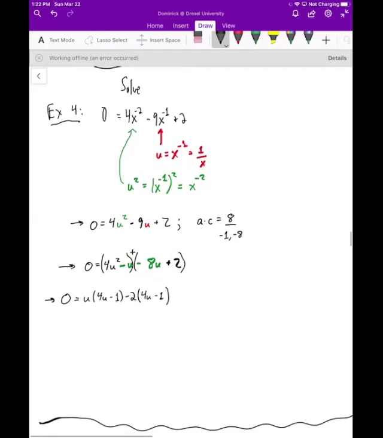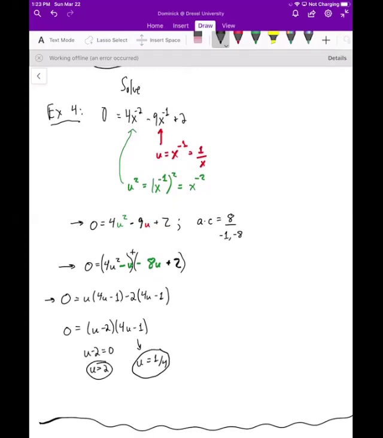So it looks like we can factor this as u minus 2 times 4u minus 1. So the first one will give us u minus 2 is equal to 0, which is u equal to 2. And this one, in a similar way, will give us u is equal to 1 over 4.